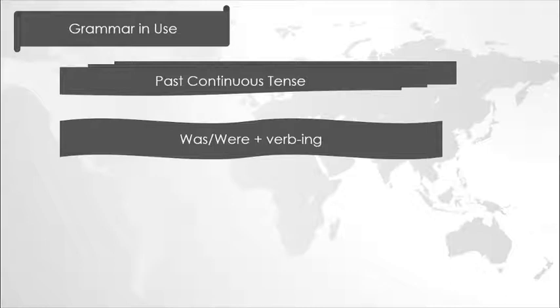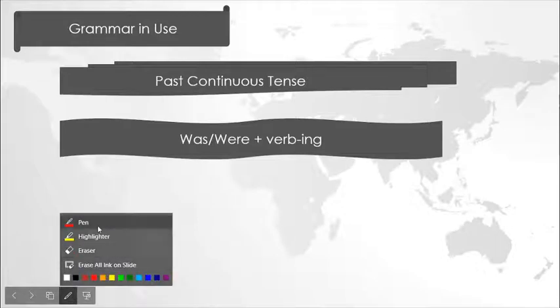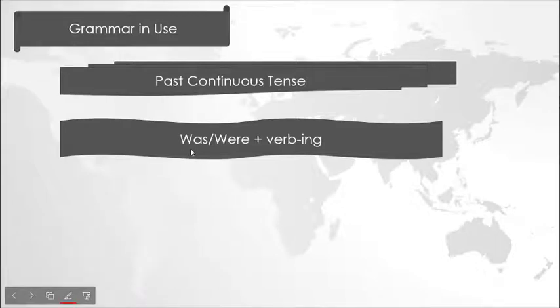So the verb can be talking, walking, speaking, sleeping, right? And was is a singular one, and were is with plural, right? So if we have a singular subject, we have to say was, and if you have a plural subject, we have to say were.